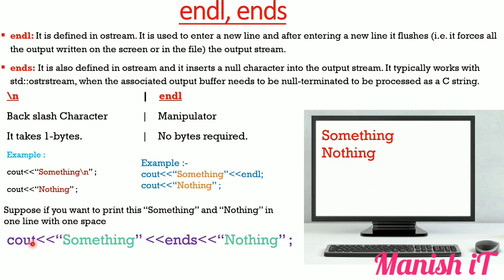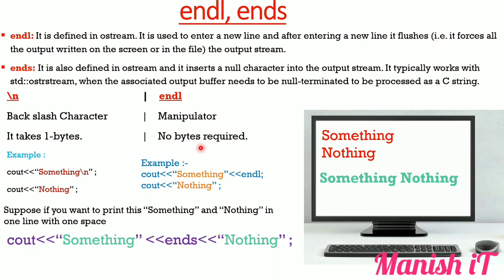After reading this line, it prints like this: something, one space, then nothing. We will see all these operators at the end of the video, within our program.